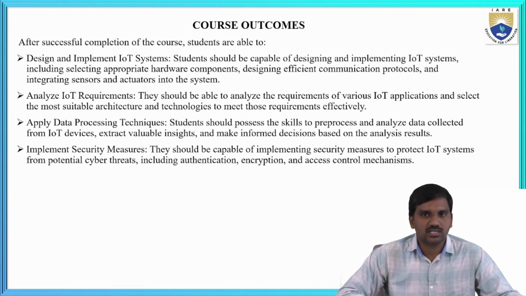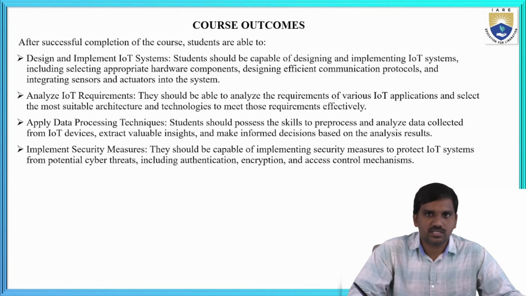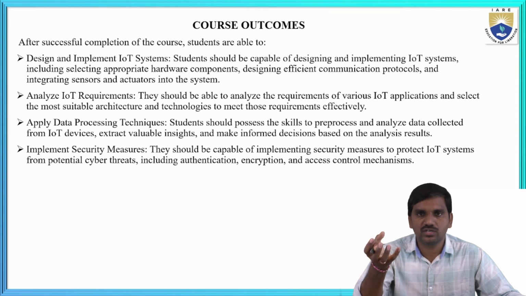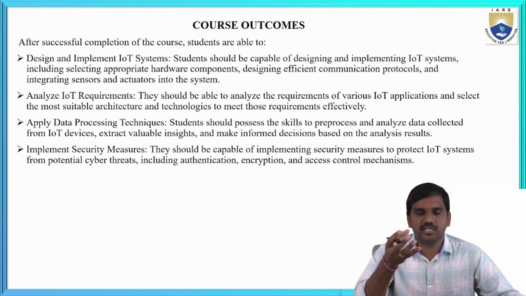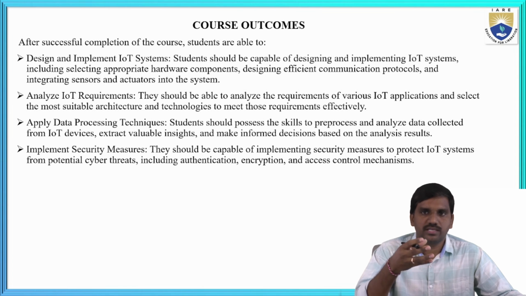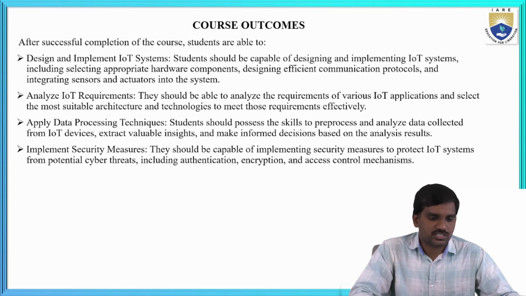After successful completion of the course, the students are able to design and implement IoT systems with the help of some IoT protocols. We already studied some characteristics of IoT and basic features of IoT. With the help of those things, we have to implement IoT systems.